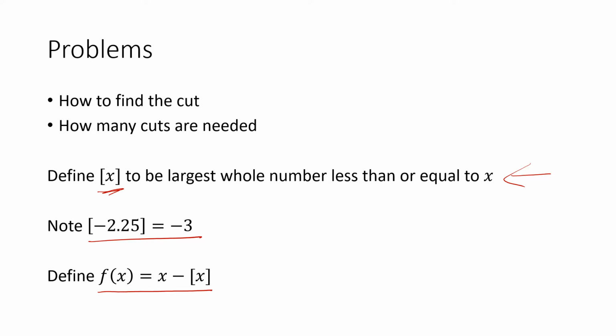So in this example, f(-2.25) is actually equal to 0.75. So it's the distance the number is away from the integer below it. Okay, so we're going to use that function to build our cut.